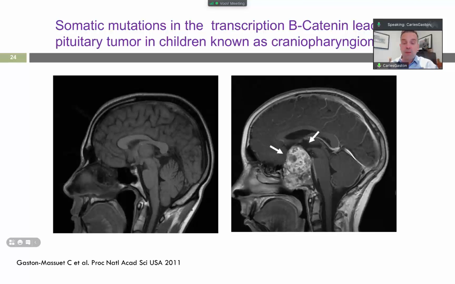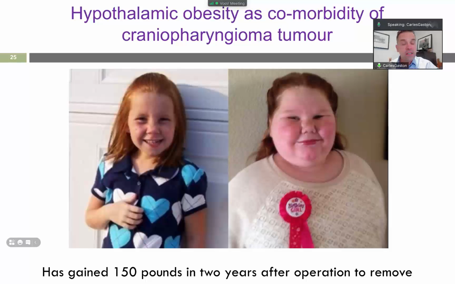These tumors of the pituitary gland lead to severe endocrine disruption with lack of multiple hormones, but also affect the hypothalamus, and the hypothalamus regulates feeding behavior.